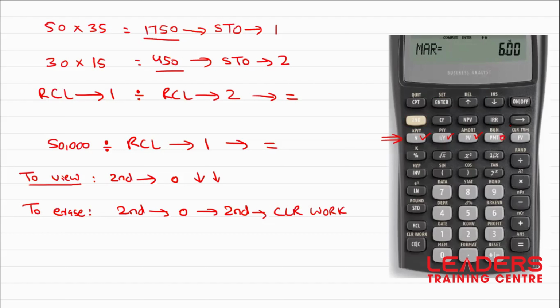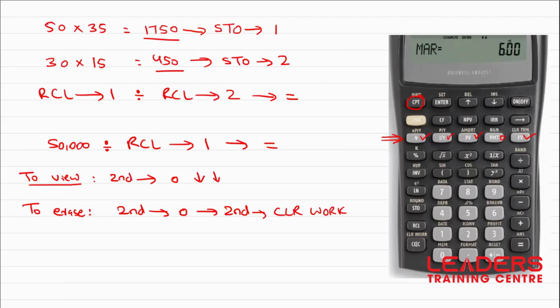Once we've entered these 4, we can compute, which is calculate the future value. We'll press compute and future value, and we should get the answer. As long as you know 4 out of 5, you can always find the 5th one, which will be the unknown.